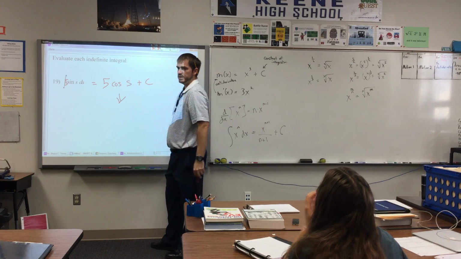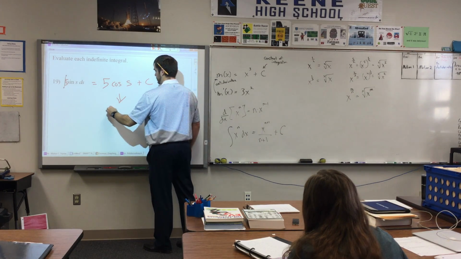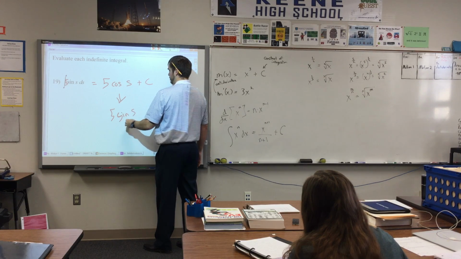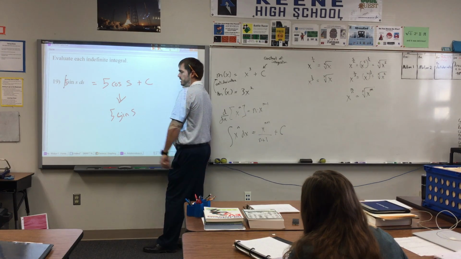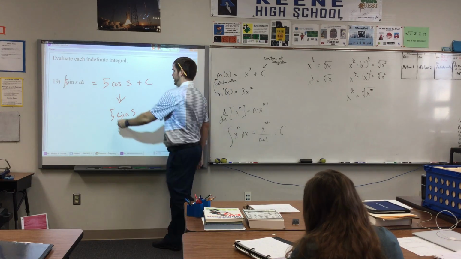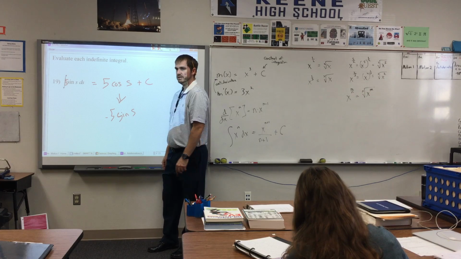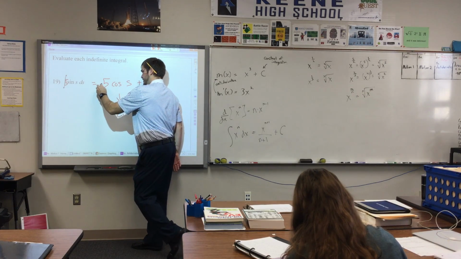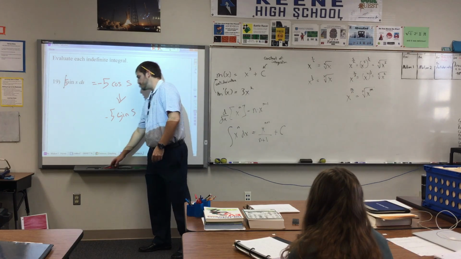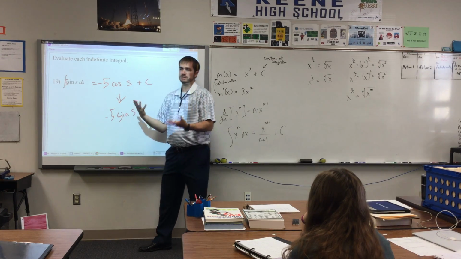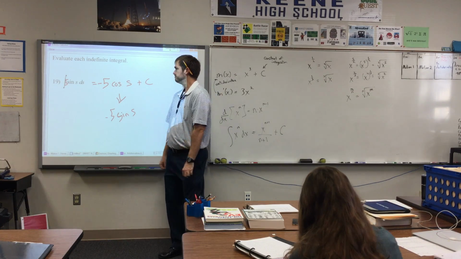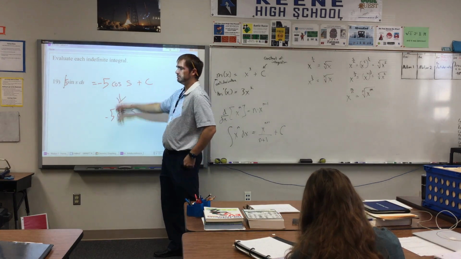What's the derivative of 5 cosine S? 5 sine S. Well, not quite, because the derivative of cosine is negative sine. So this sine needs to be negative cosine. So that multiplier out there is literally just a multiplier. You just carry it on there. Okay?